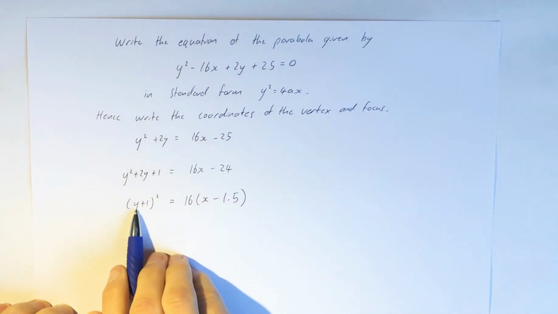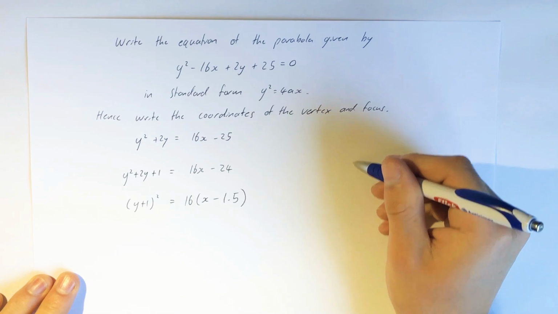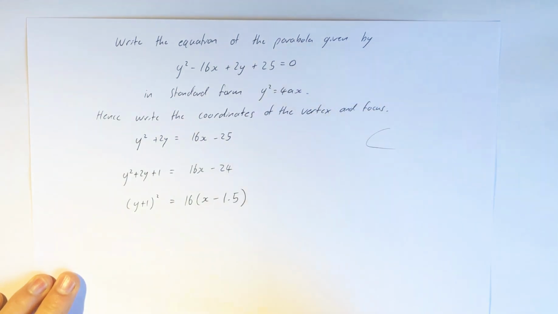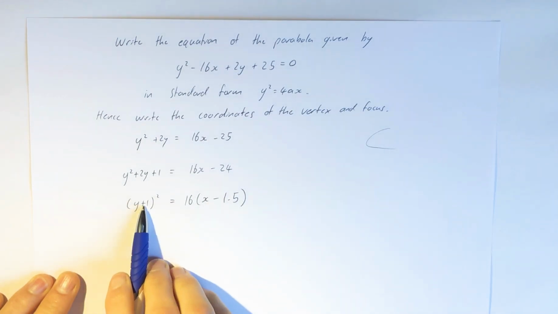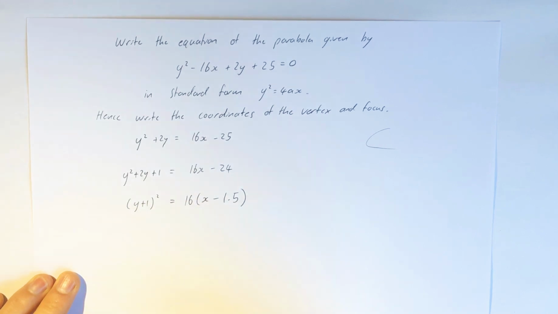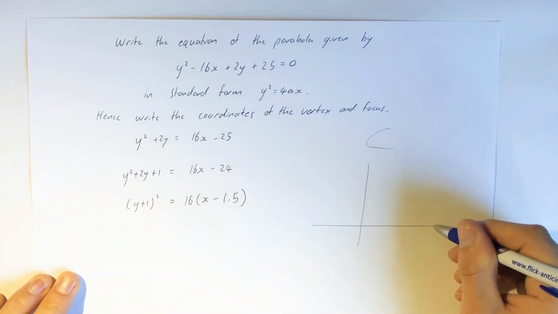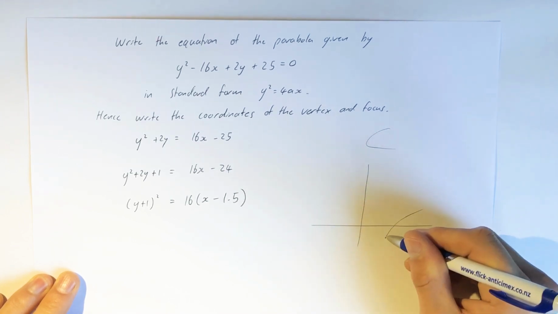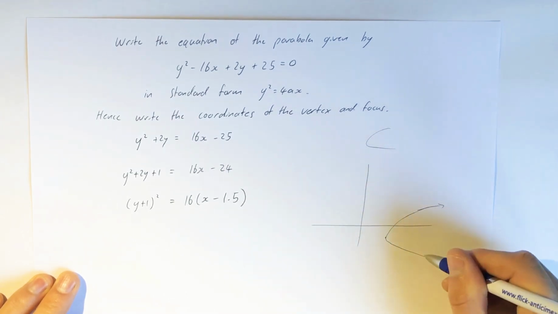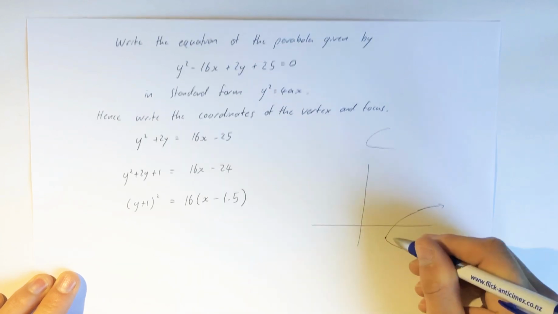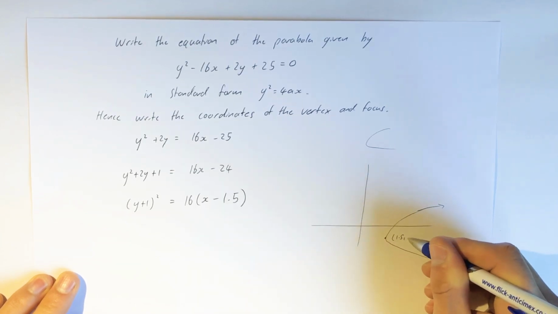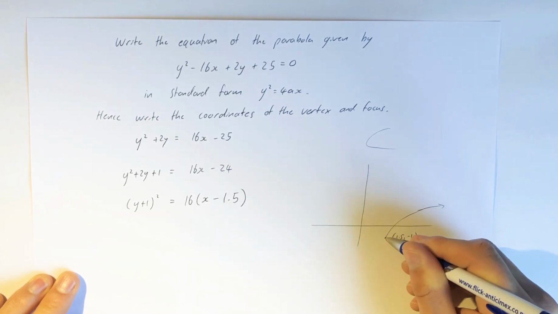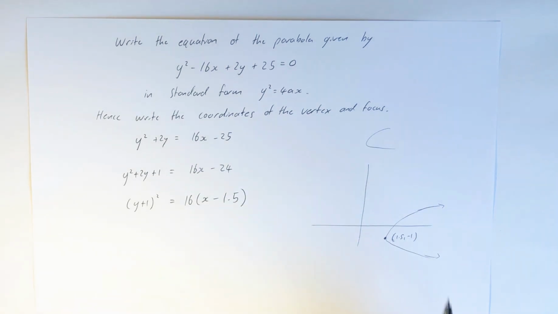So it's a positive relationship, so it's looking like this, and it's been moved down 1 and across 1.5. So it's looking like that. So we're at 1.5, negative 1 for that vertex.